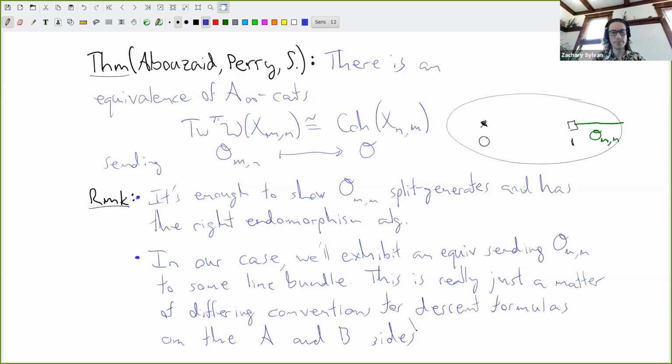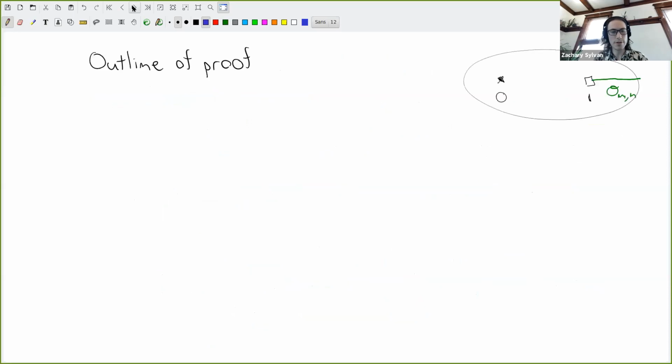Okay. So that's the theorem. How are we going to prove that? So the basic idea is that we're going to interpret XMN as a gluing.